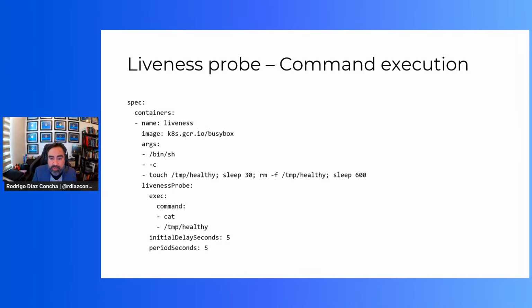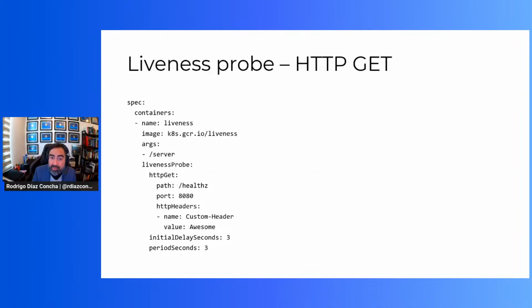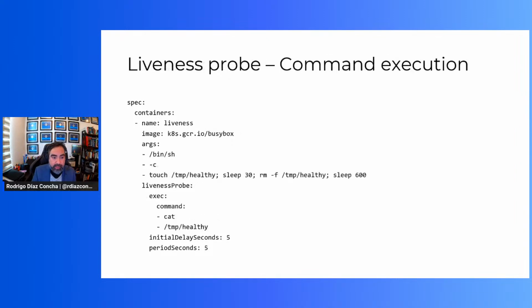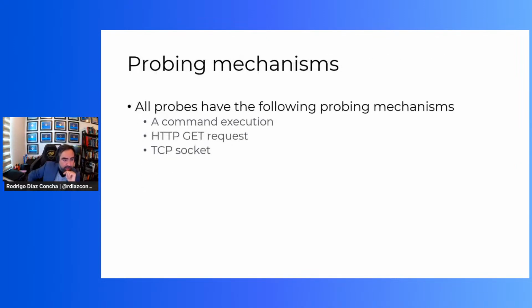The first one is command execution, and the second one is executing an HTTP GET request. There are three mechanisms that we can use in probes to detect if the probes are behaving correctly.